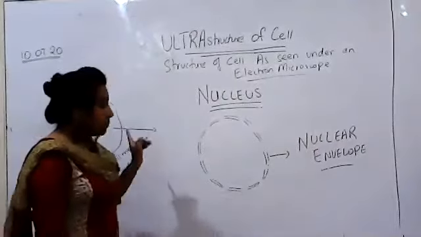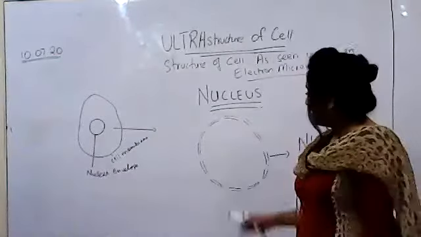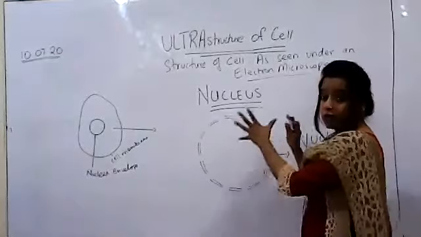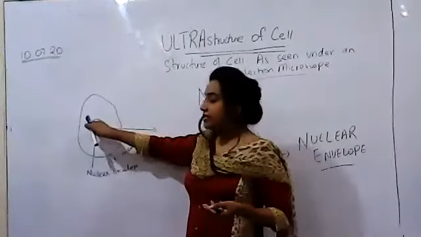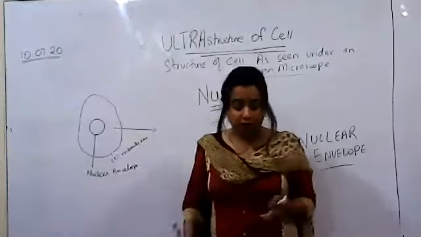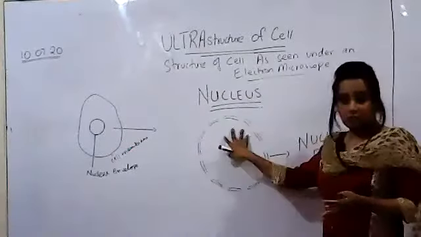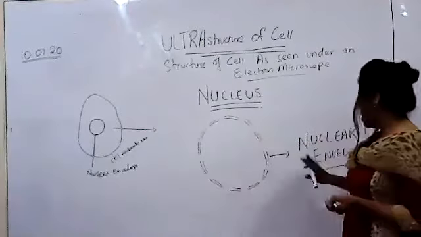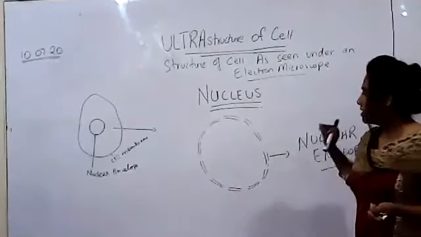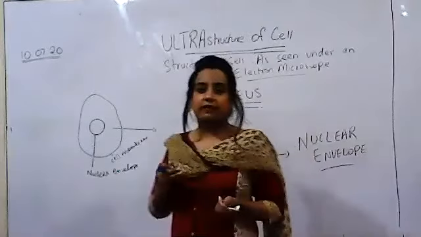Just like that, if there is no nuclear envelope, there is no nucleus, because this envelope is the material that is separating the internal nuclear material from the cytoplasm, right? So the difference between cytoplasm and whatever is present inside is created by this nuclear envelope. So you can say that this nuclear envelope is protecting the material present inside the nucleus, right?